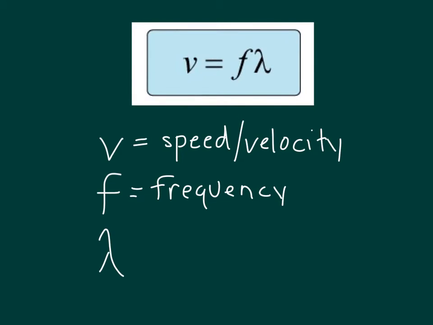The most difficult one is this variable at the bottom. This is a Greek letter called lambda. I'm just going to write this in parentheses so you know how to say it. Lambda, say it with me, lambda. And it is used to represent, you guessed it, the wavelength.